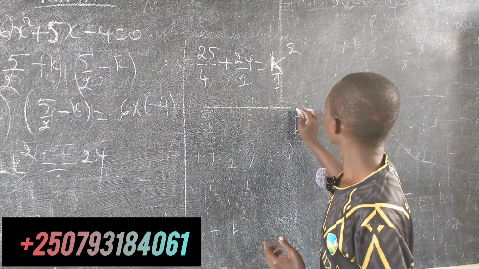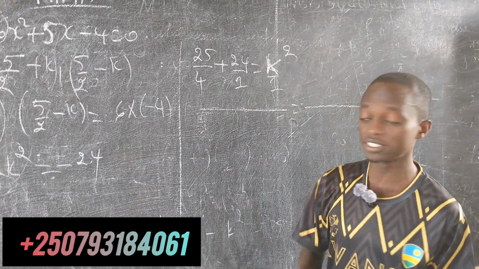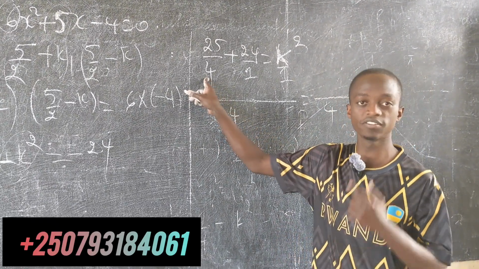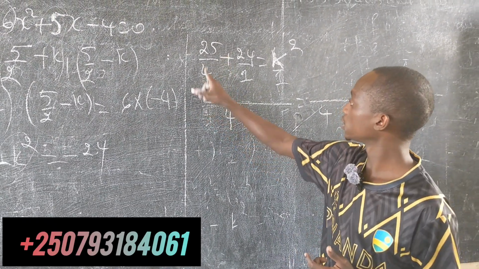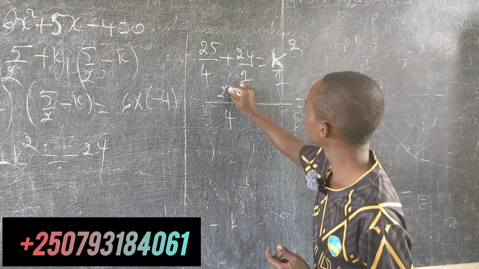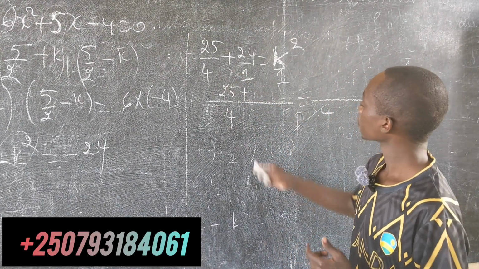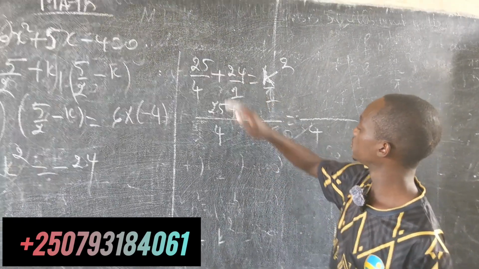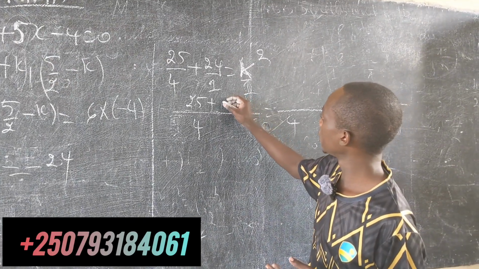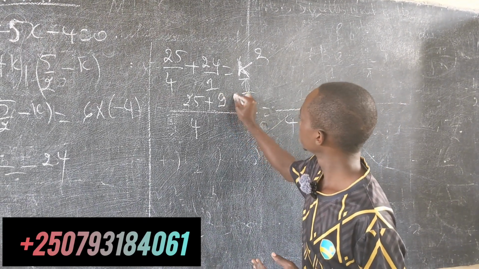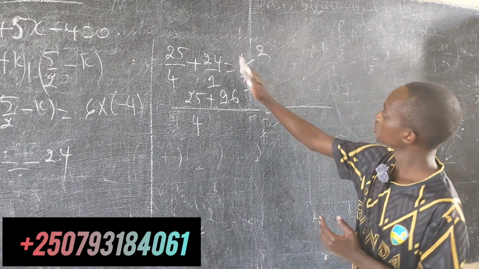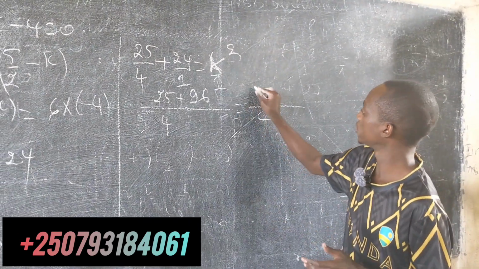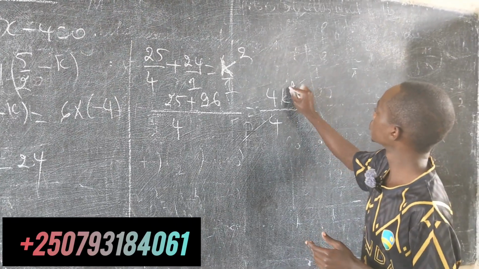So if we write the common denominator, 4 divided by 4 is going to be 1. 1 times 25 is going to be 25, plus 4 divided by 1 is 4. 4 times 24 is going to be 96. And 4 divided by 1 is 4, and 4 times k squared is going to be 4k squared.